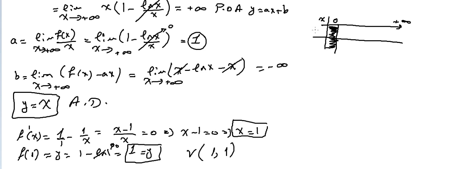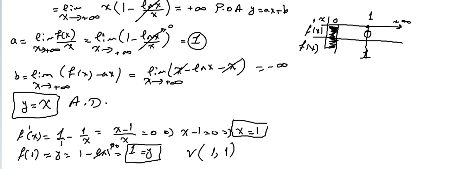It's not defined at 0. Here f prime of x, and here f of x, right? And do we have a special point? Yes. If x is equal to 1, the derivative is 0 and the ordinate is equal to 1. That's great.